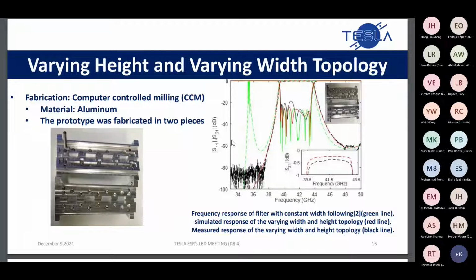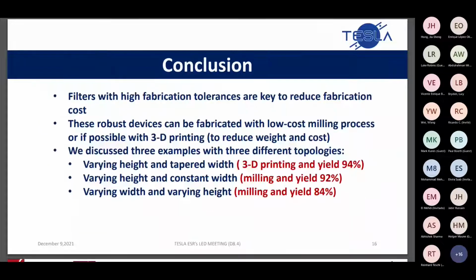So here we have the conclusion. Filters with high fabrication tolerances are key to reducing fabrication cost. These robust devices can be fabricated with a low-cost milling process, and are possible with 3D printing. We discussed 3 examples with 3 different topologies.